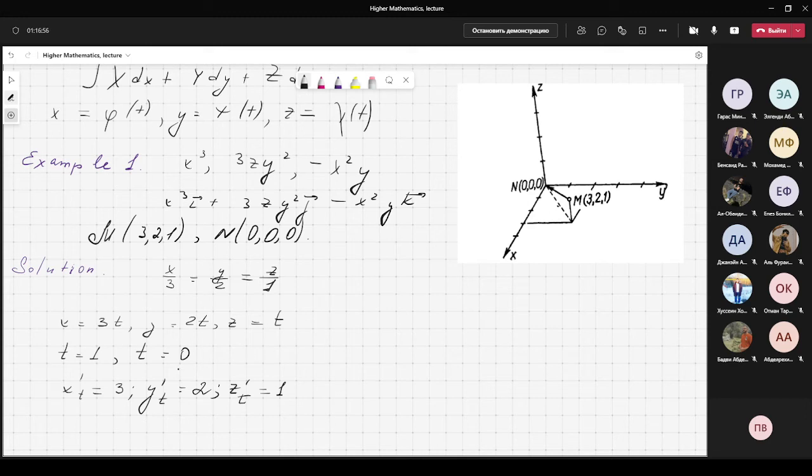Now the line integral may be computed by formula 4.